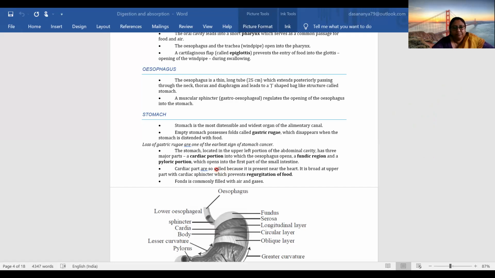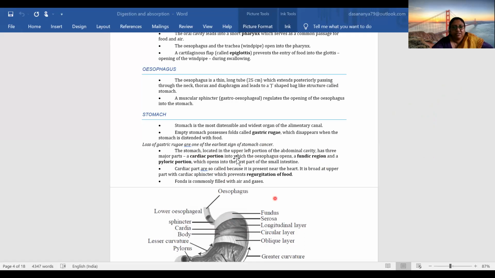So each stomach has three parts: the cardiac portion, which is the upper part of the stomach. It is the area where the esophagus opens. It's called the cardiac portion because it is quite close to the heart. Then there will be the fundic region and the pyloric region.